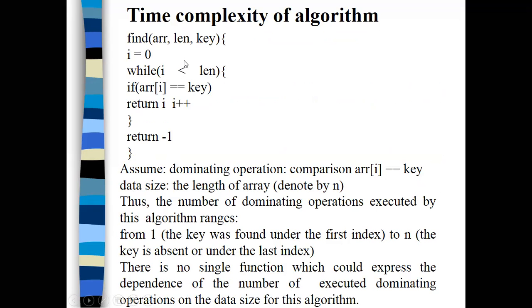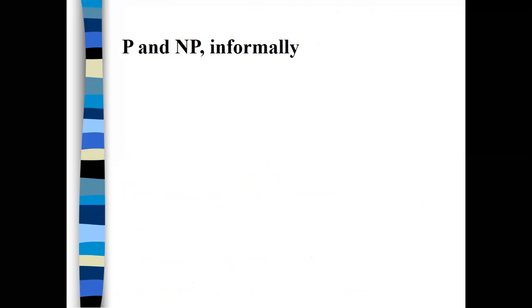If you recall the array concept, suppose we have an array with numbers 1 to 10, and we have to check from the first number to the last to find the key. If we get the key at the fifth or sixth slot, we give the answer. So there is no single function which could express the dependency of the number of executed dominating operations on the data size of this algorithm.